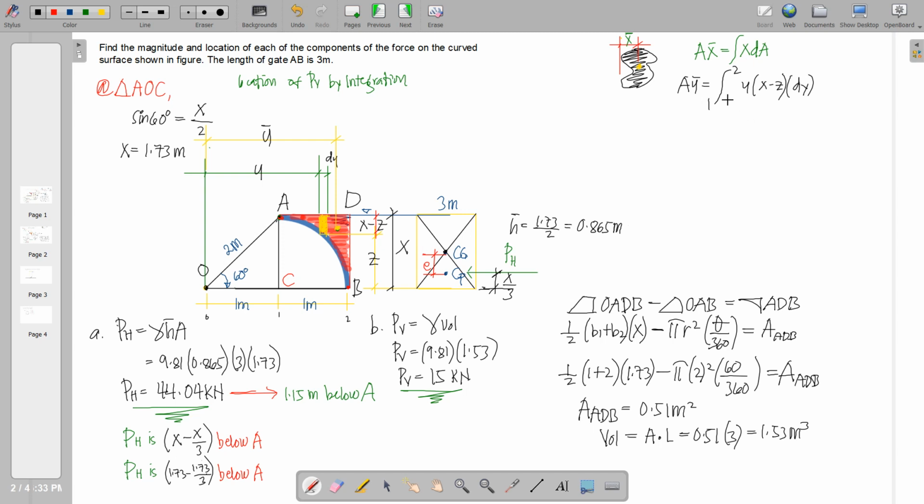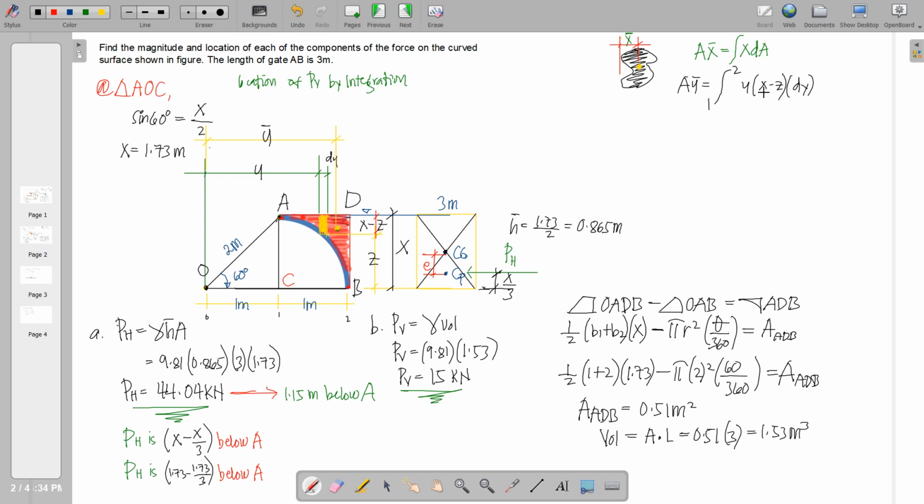Okay, so this completes our equation, but we need to express it as a single equation in terms of dy, or y, under the function of y, so that we can evaluate our integrand.